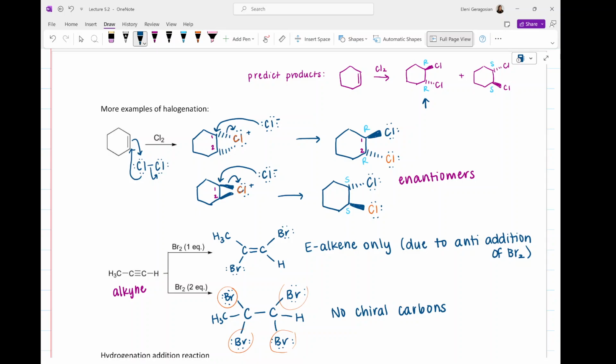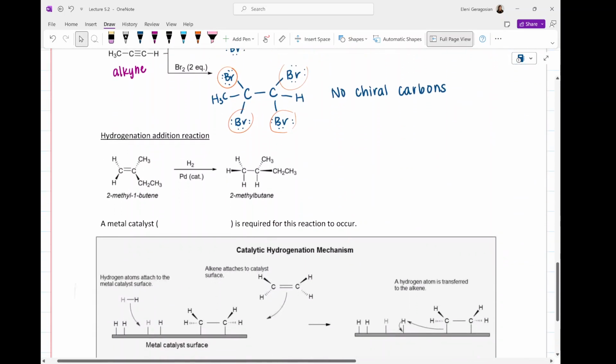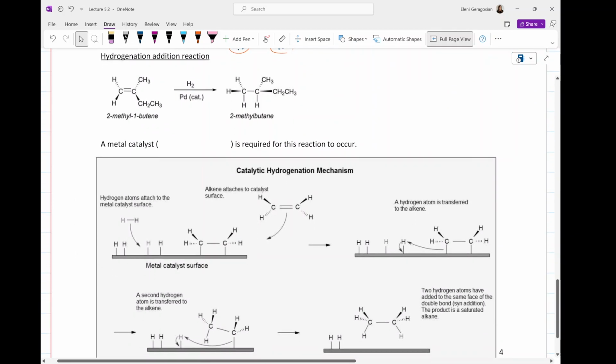Okay, let's briefly go through hydrogenation addition reactions. They have some similarities and differences with the halogenation that we just completed. Notice that H2 is the reagent that's added.